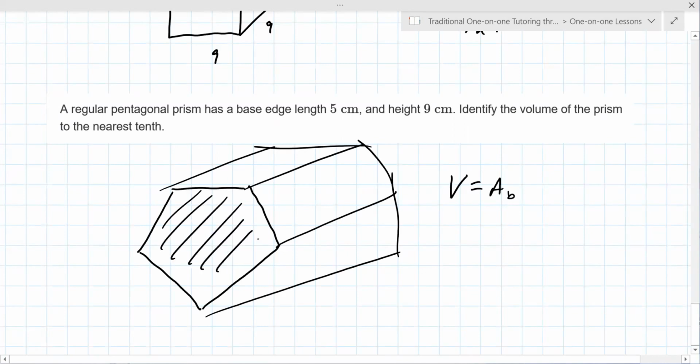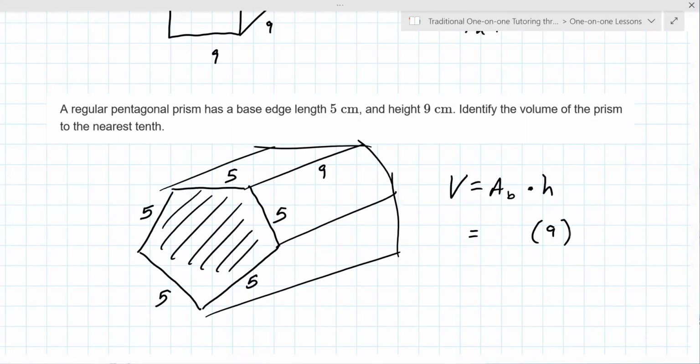So we need to find, the volume more generally is the area of the base, and this is the base over here, times the height. So your base edge is 5, and your height though is 9. So you want to go find that calculator where you get the area of the base, and there's many options, but find one. I have the calculator. Okay, so you're going to choose Pentagon.